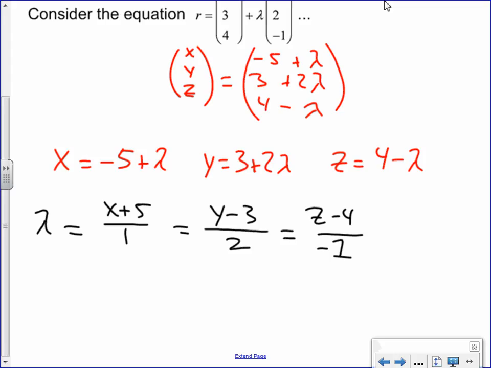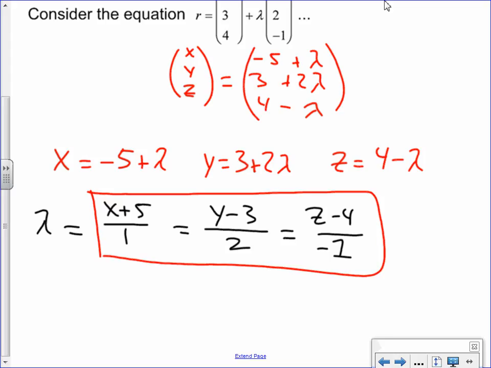Okay, so this is the vector form. This is the Cartesian form for 3D vectors. Z minus 4, and then to get rid of the negative, I just divide by -1. Cartesian equations of the line.